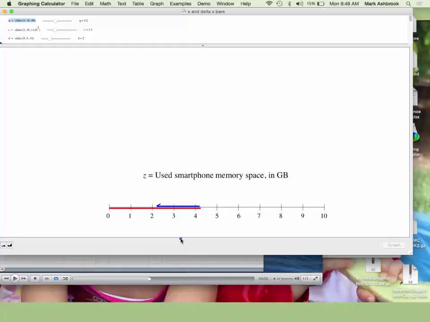They start out with gigabytes. What does z equal?